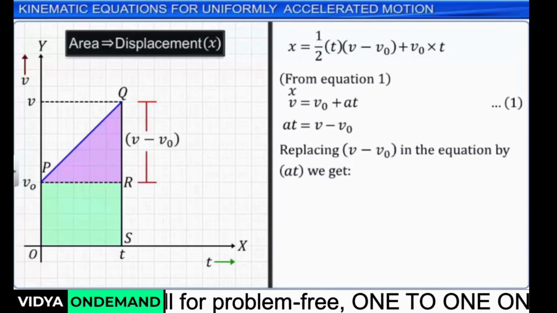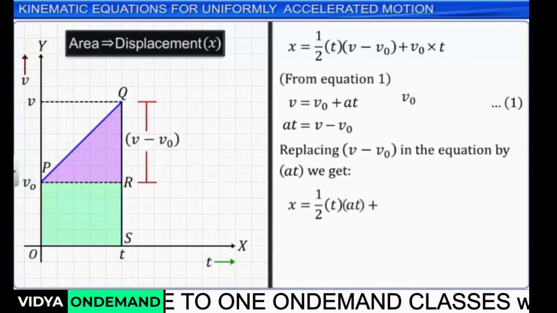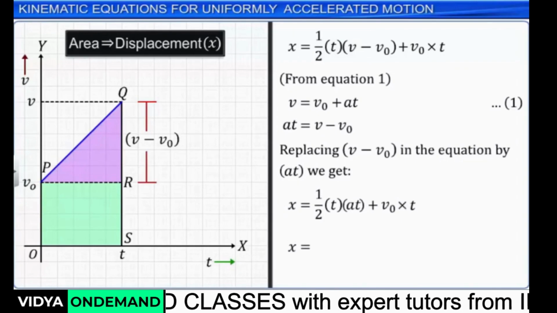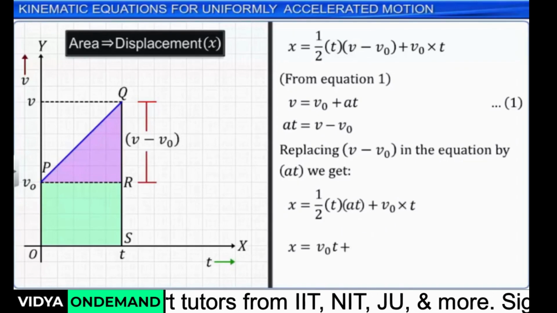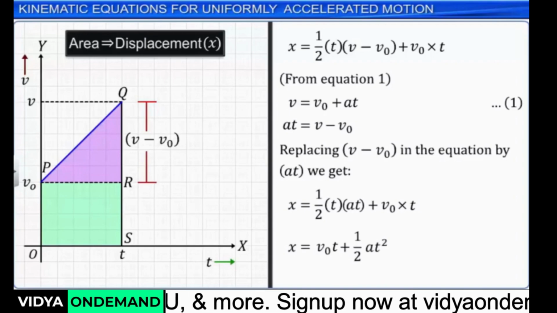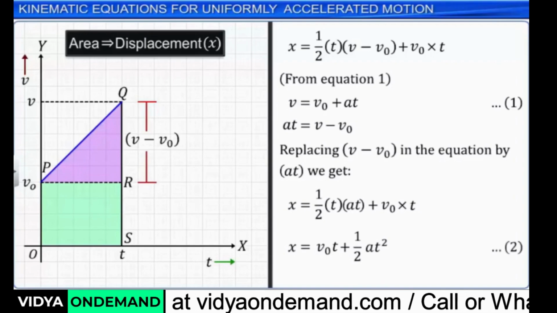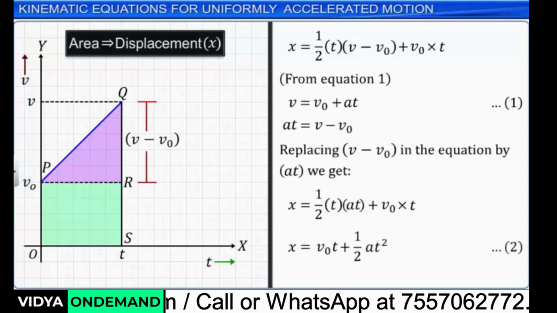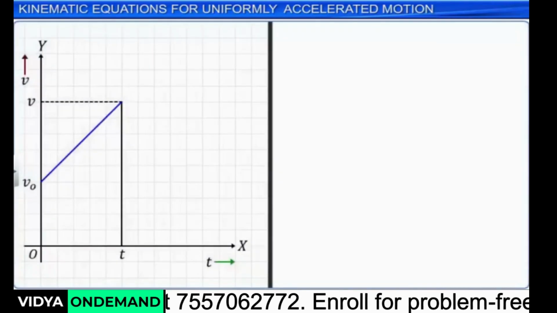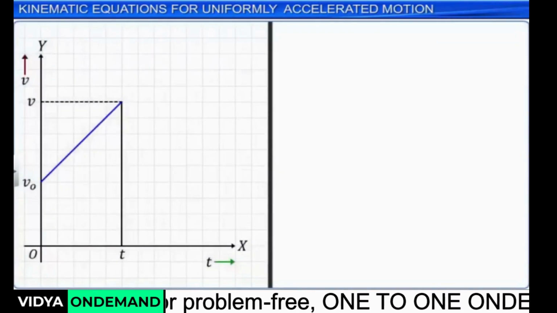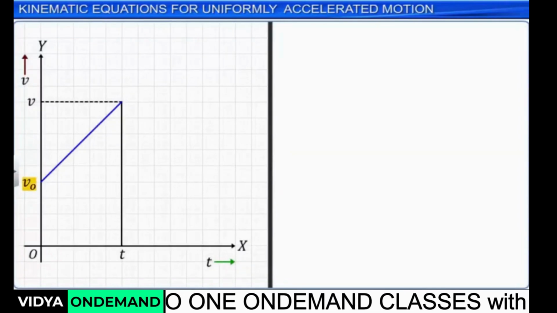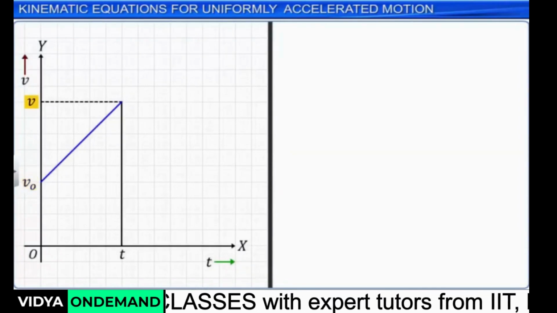The third equation is the relation between initial velocity v naught, final velocity v, acceleration a, and displacement x. The average velocity of a body v dash is half the sum of v and v naught, where acceleration is constant.